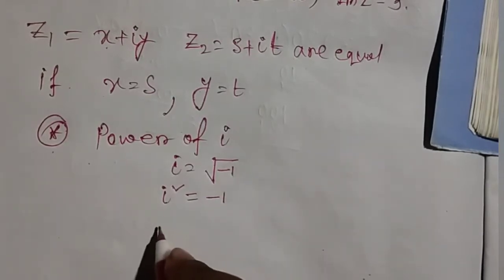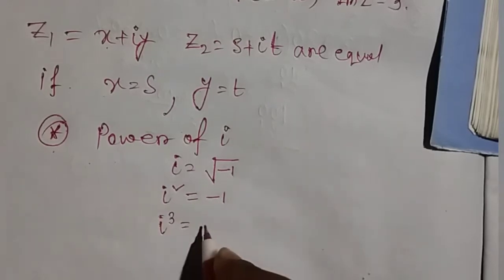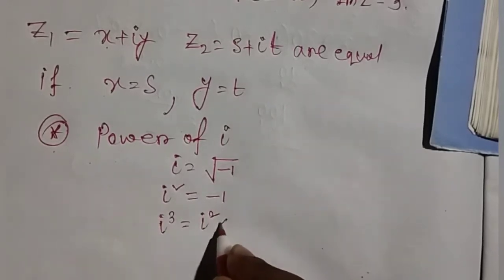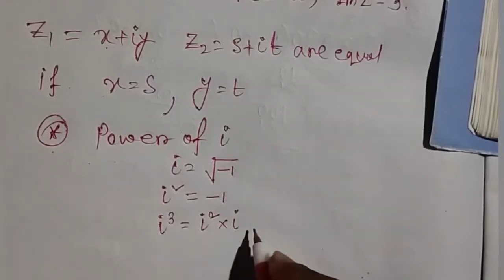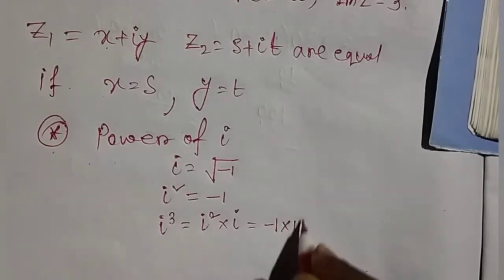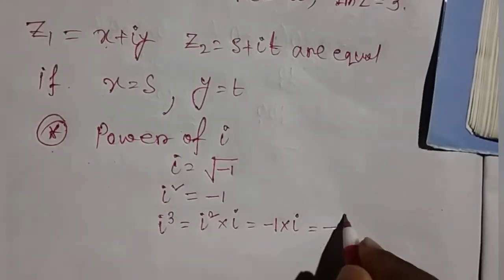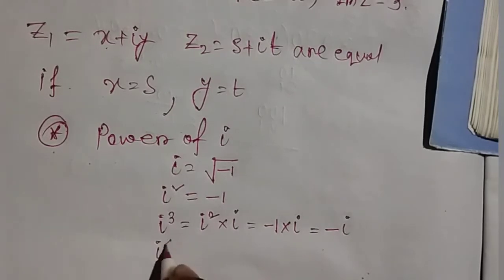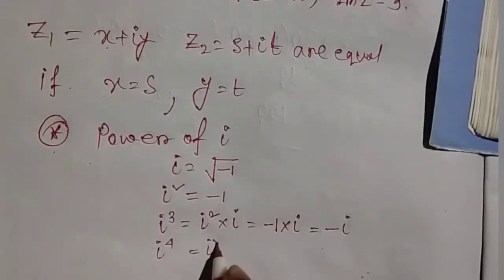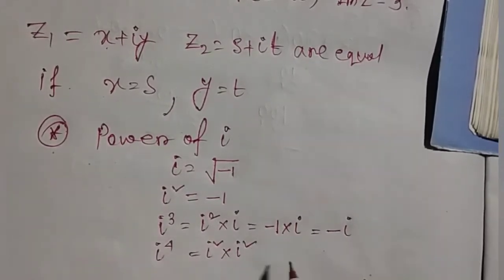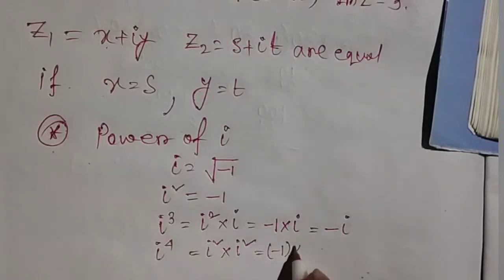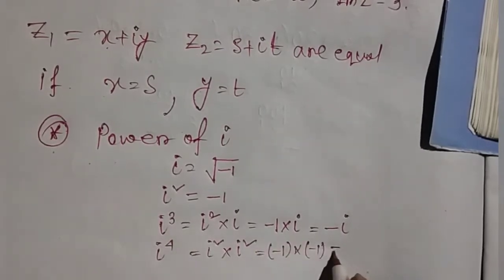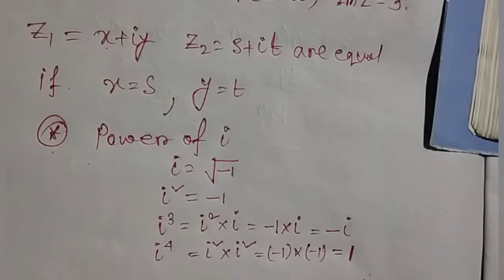Now if we want to find the value of i cube, then i cube equal to i square into i. i square means minus 1 into i, that means minus i. Similarly, i to the power 4 equal to i square into i square, that means minus 1 into minus 1 equal to 1.